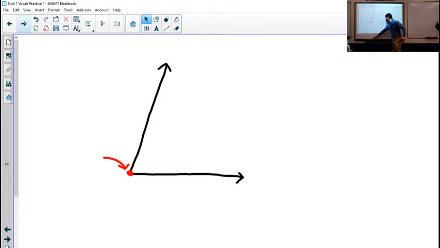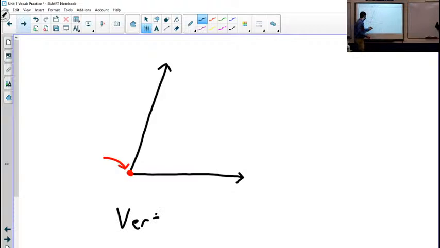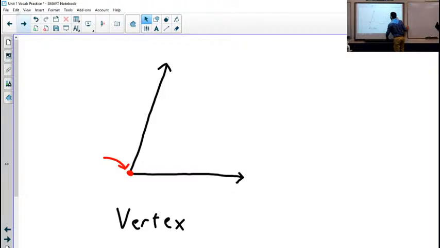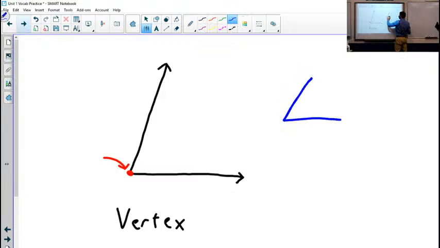It is a vertex. A vertex is the point that the angle starts from and is formed out from. Another place you might see it is if we have some shape, let's say a triangle, and these points on the triangle that you might think of as the corners, each point there is a vertex of that triangle.